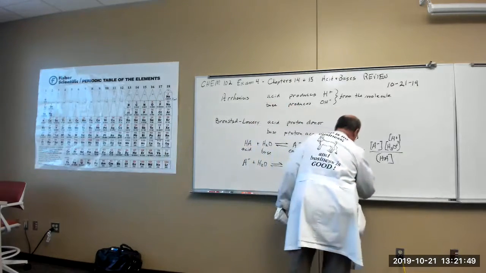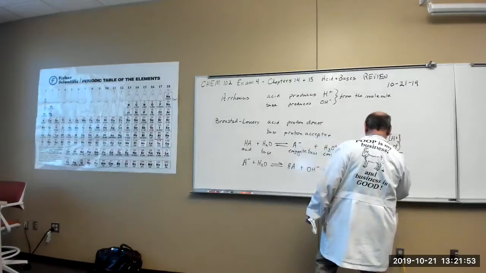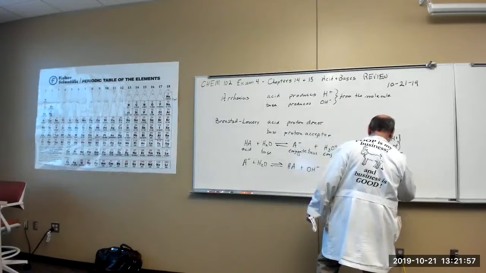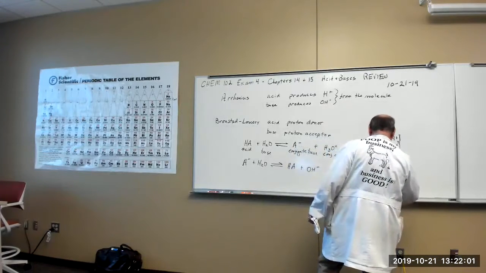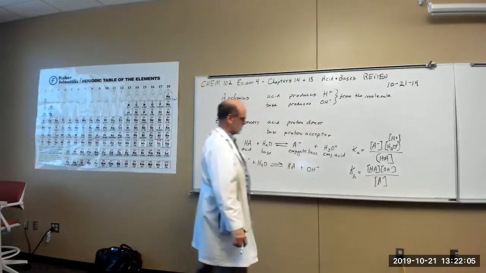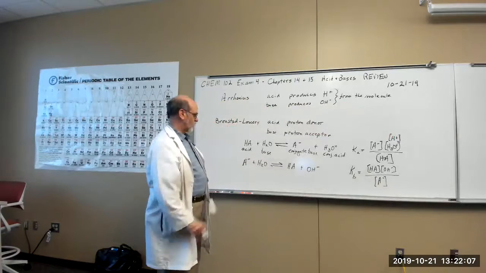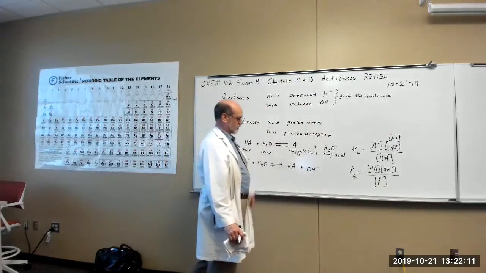So in that case, the Kb equals the conjugate acid, the hydroxyl, divided by the base. Okay, so these two are related, but they're not reciprocals of one another.